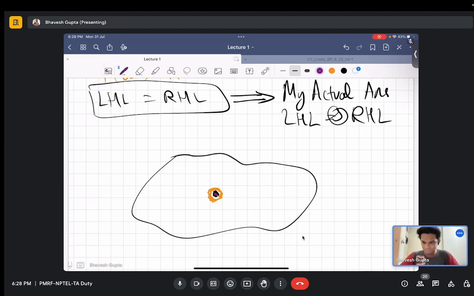But the idea is that the behavior of this orange color which you see must be the same somewhere.